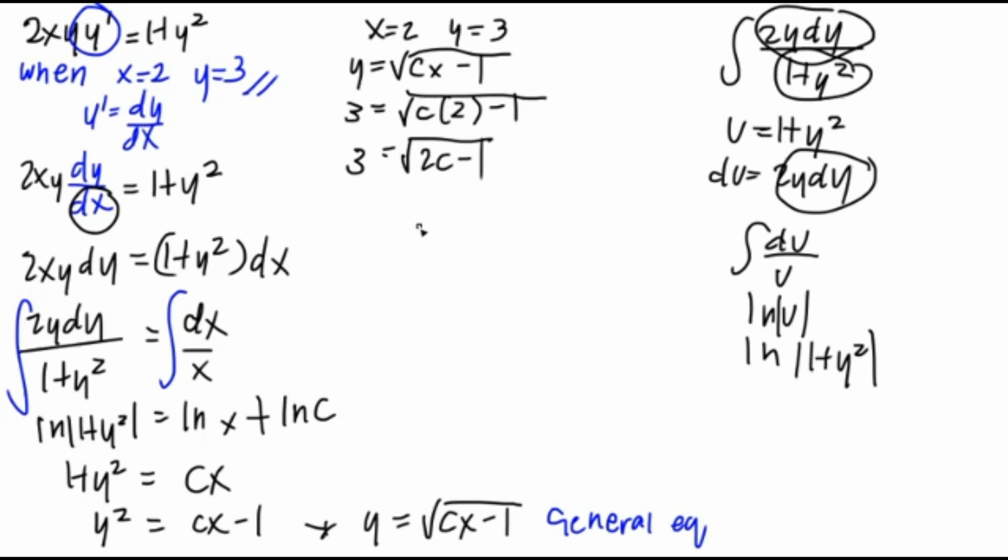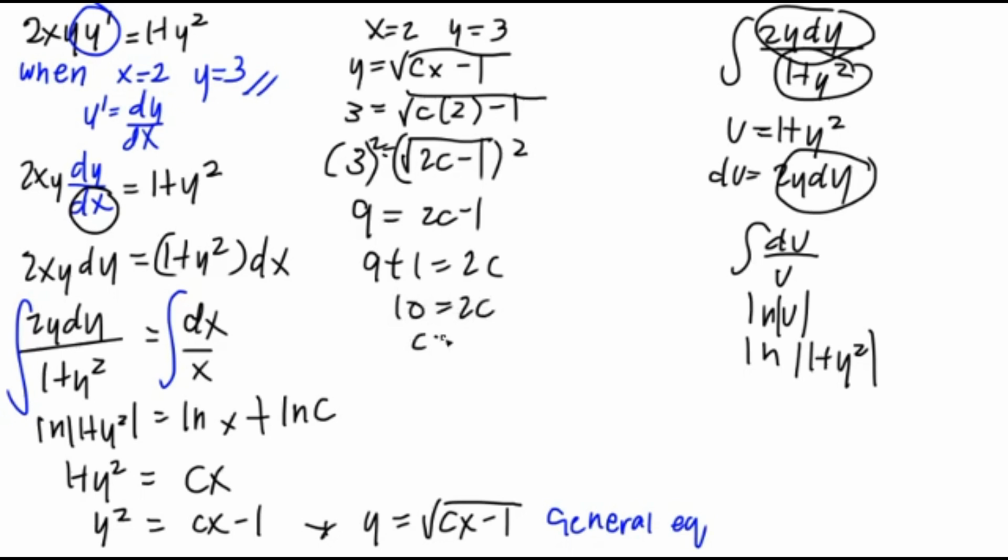Para mas madali i-solve natin, square natin both sides. So, magiging 9 is equal to 2c minus 1. So, 9 plus 1 is equal to 2c. 10 is equal to 2c. C is equal to 5.